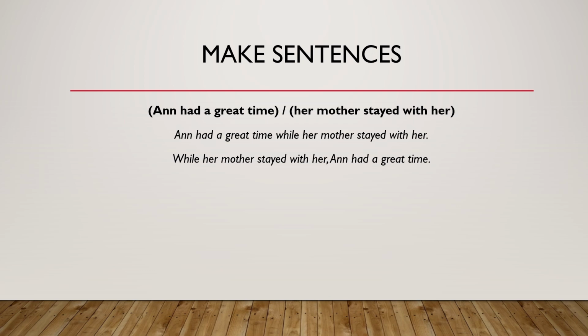While her mother stayed with her, Anne had a great time. We can't use ing in this case because each sentence has a different subject. In one sentence, the subject is Anne. In the other sentence, the subject is her mother.